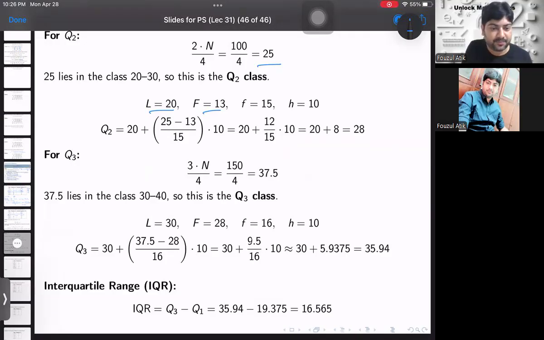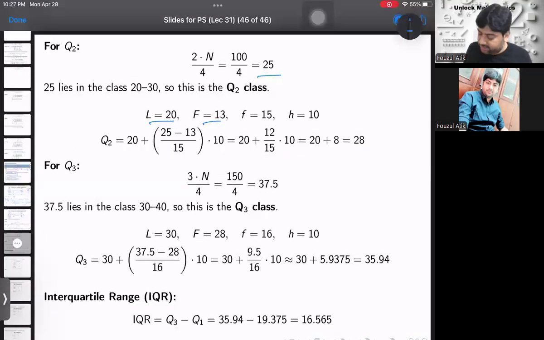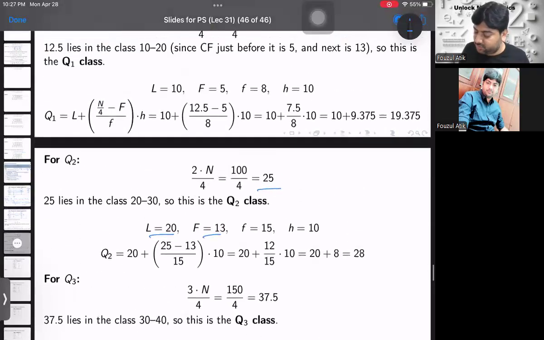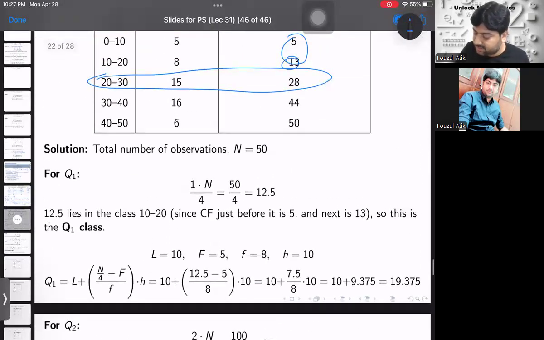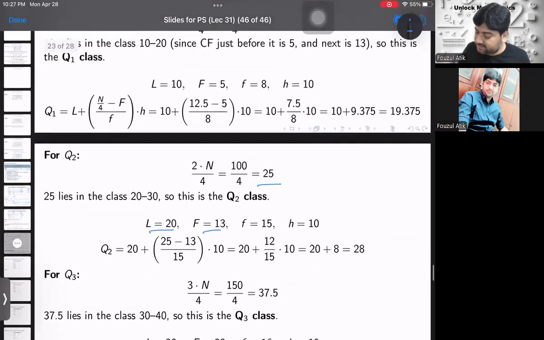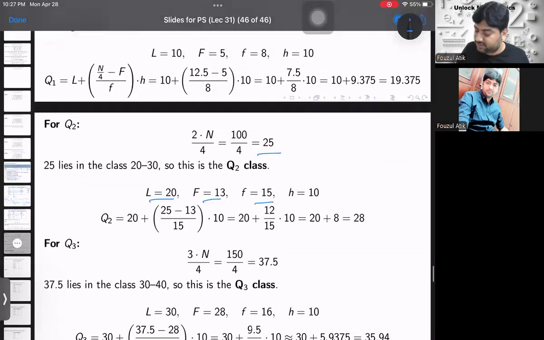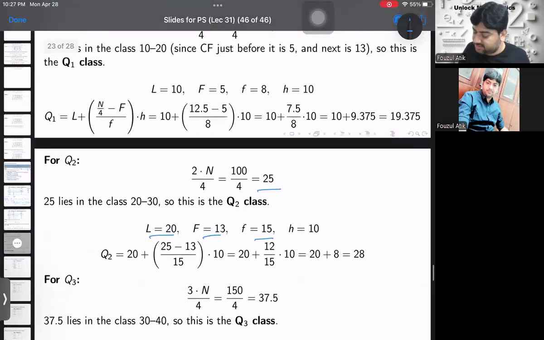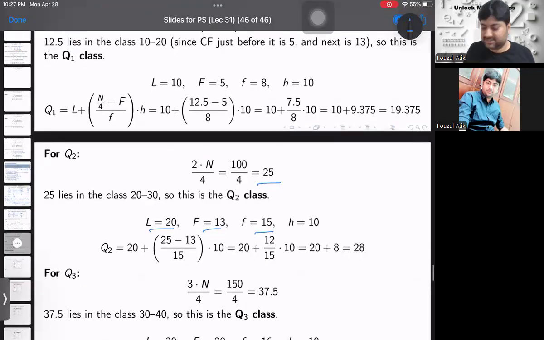So F is the cumulative frequency before the quartile class, which is 13, because 8 plus 5 is 13. And small f is the frequency of the quartile class, which is 15. And h is equal to the width, so all these things are the same. If you put in the values, you'll get 28.